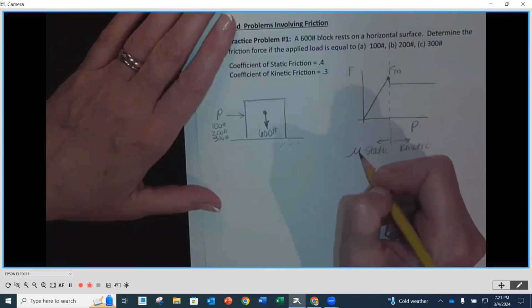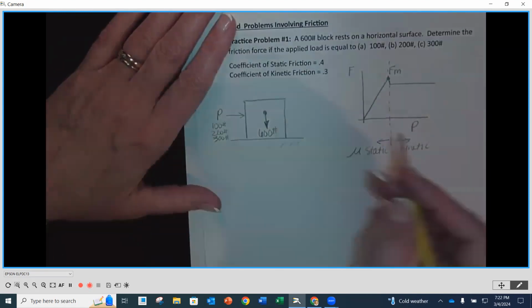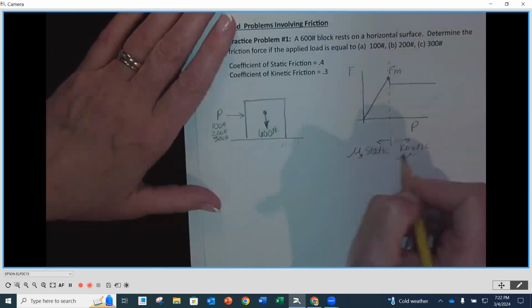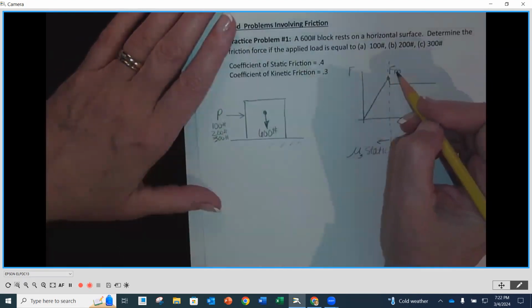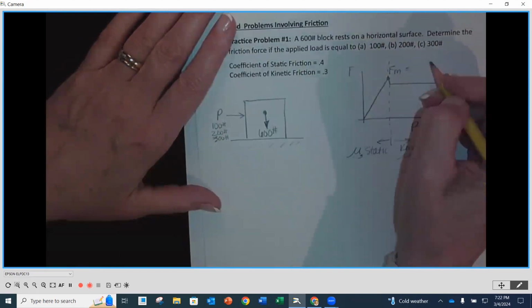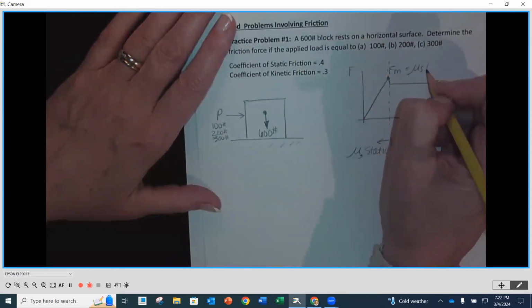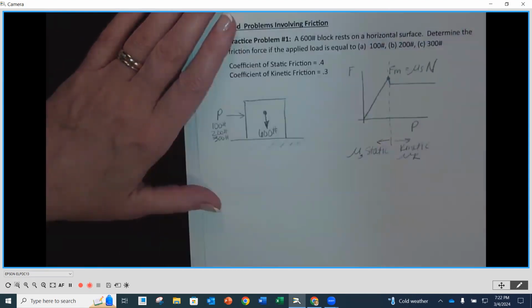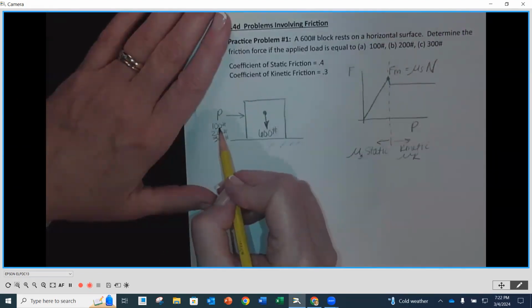So that means that our coefficient of static friction applies on this side and our coefficient of kinetic friction applies on this side. Now, to determine the maximum friction force, we know that that is equal to the coefficient of static friction times the normal force. Now, we have a pushing force of 100, we have a pushing force of 200, and we have a pushing force of 300.